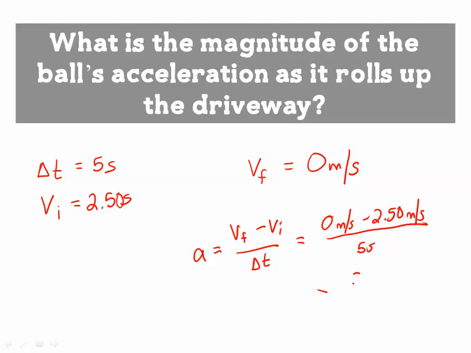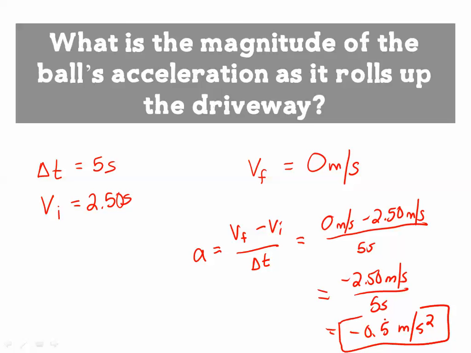So negative 2.50 meters per second over 5 seconds yields negative 0.5 meters per second squared. Our acceleration is indeed negative and the magnitude is 0.5. Does that seem reasonable? I believe it does. It's not that big for a ball.